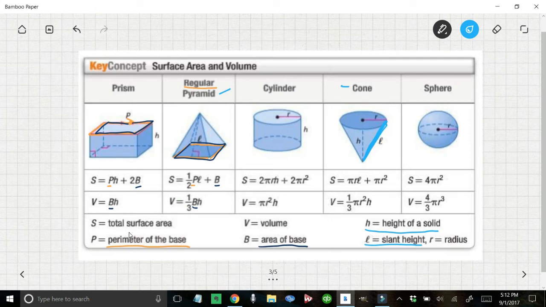And the actual height would be straight up and down, how tall that object is. In this pyramid, the slant height is labeled here. The actual height, they don't have on there, but that would be part of this middle part, and it would be going straight up if they wanted you to find the actual height.